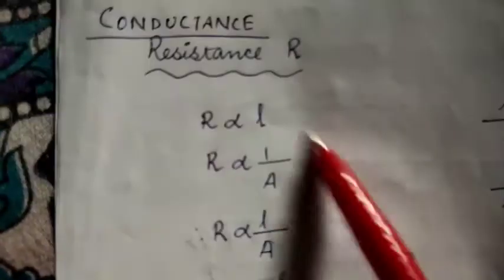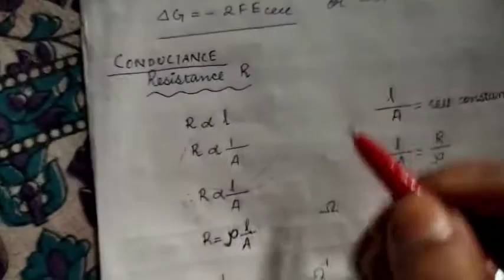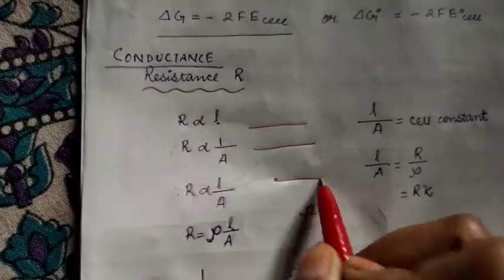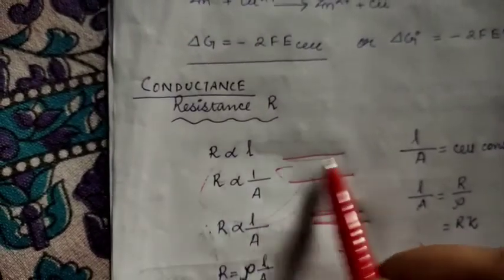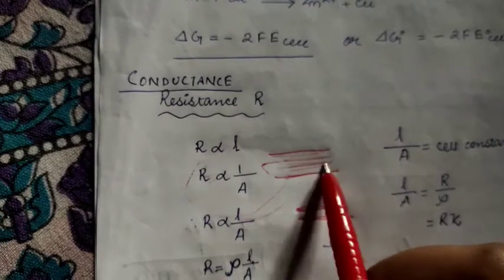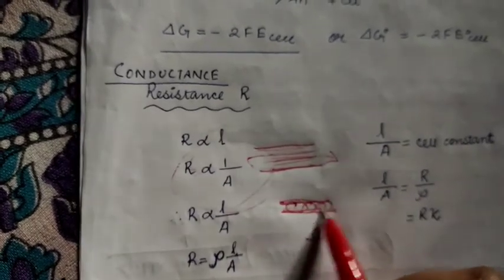Now here we need to understand how area and resistance are connected. For that we can take a simple example. Consider a water pipe, a bigger pipe and a smaller pipe. From the bigger pipe, water can flow out easily, right? The speed of the water will be normal, slow. But when the pipe becomes smaller, what happens?